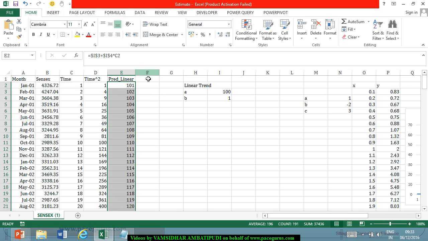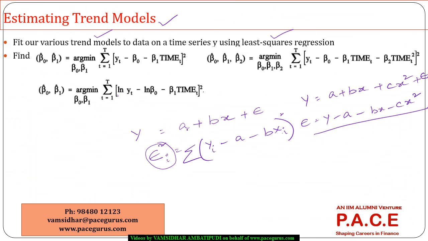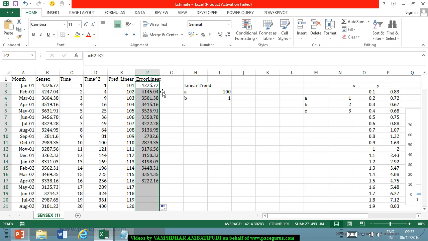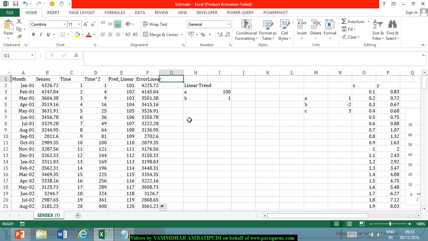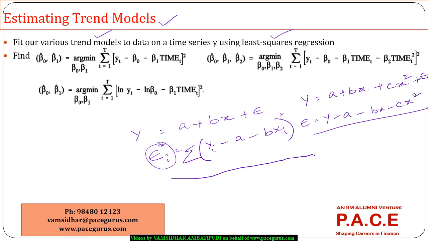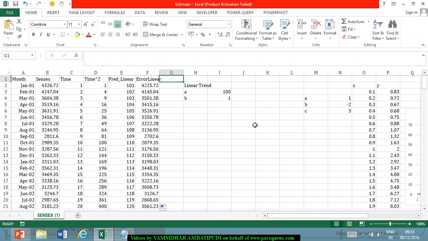Based on this, I can talk about the error term, which is y minus of a plus bx. Error linear works out as y minus of a plus bx, where y is the actual value minus the predicted value. This is the error part. Then I want to minimize this error, but not in the original form, but the squared error.